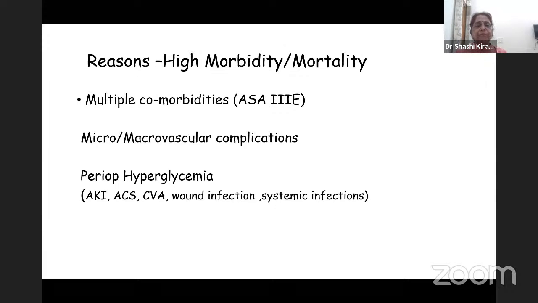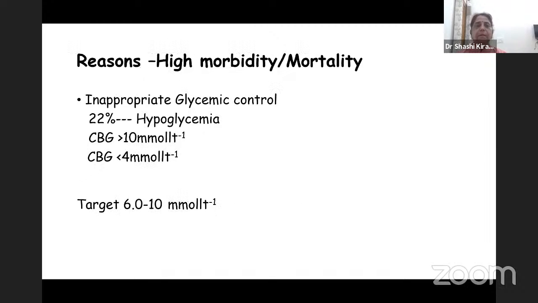Often these patients have multiple comorbidities and are classified as ASA 3 emergency. They have microvascular complications, and perioperative hyperglycemia can compound the risk of AKI, ACS, CVA, wound infection, and systemic infections. Another very important reason is that often in emergency, the glycemic control is not appropriate.